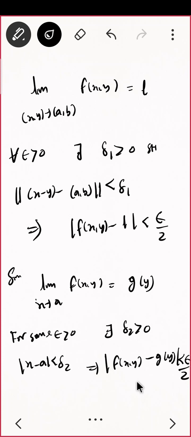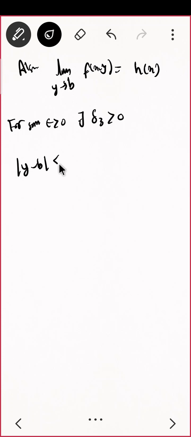Okay. What should I do in the next part? Since I have written this, next is the limit y tending to b, which we have given as h of x, right? Also, whatever definition I know, I am writing everything, correct? That is equal to h of x. So that means for the same epsilon positive, there will be a delta 3 positive so that mod of y minus b is less than delta 3.